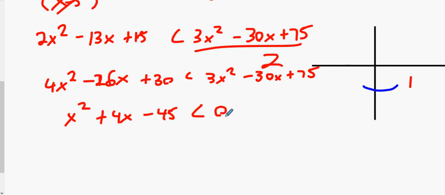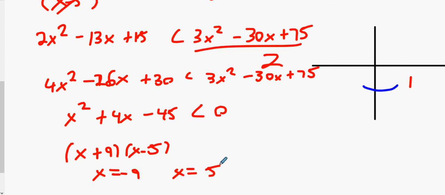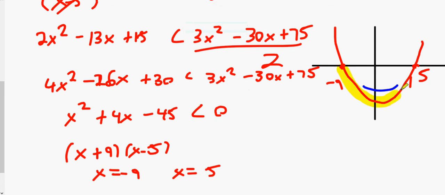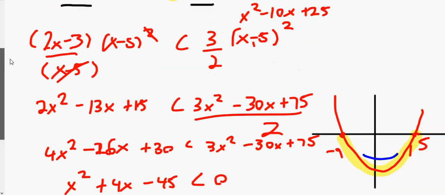U-shaper, that needs to be smaller than 0. U-shaper, smaller than 0. And you get x plus 9, x minus 5. And you get x equals minus 9, x equals 5. And we want the underneath part. Is there anything on the banned list? If you reread the question, is there any numbers we're not allowed to have?